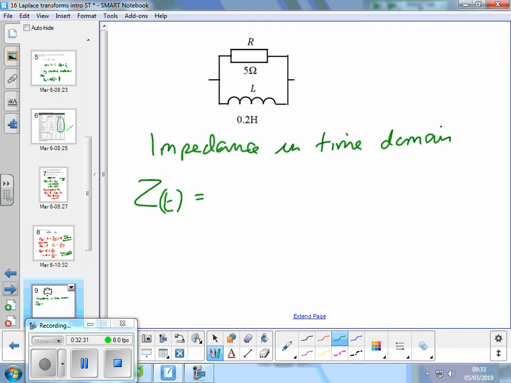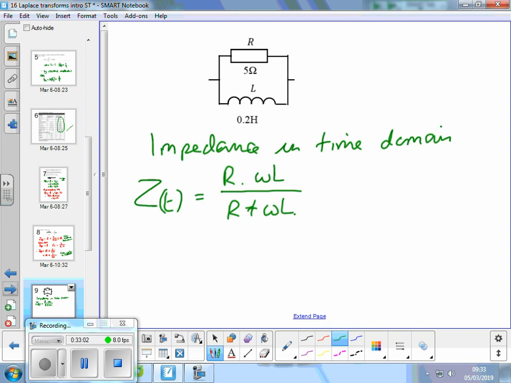So we'd use product over sum. So we'd have R times omega L, don't worry about the j, over R plus omega L. Everyone agree with that?